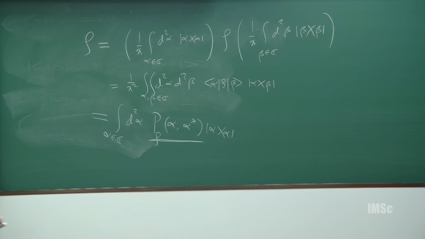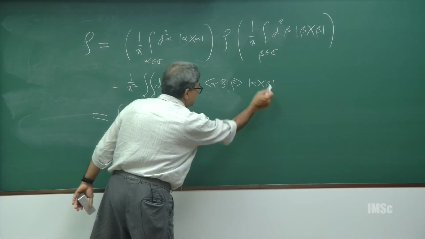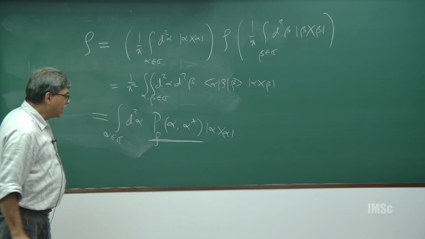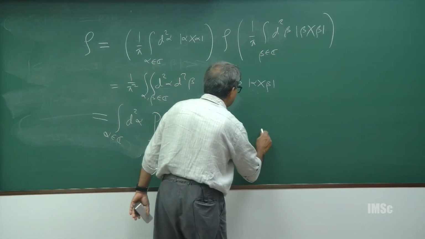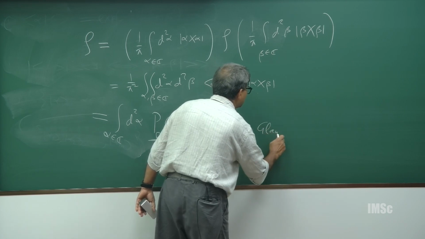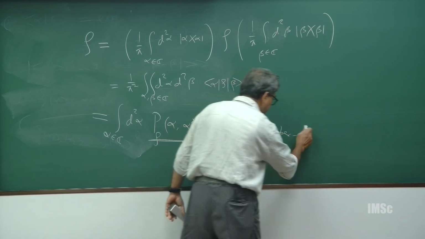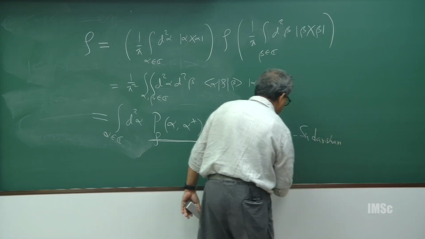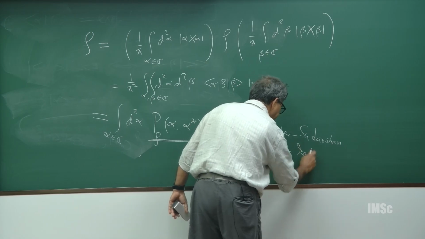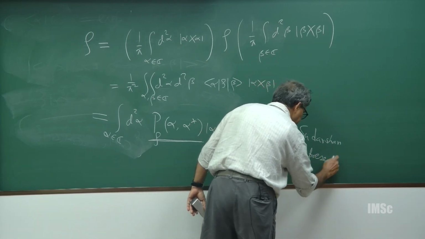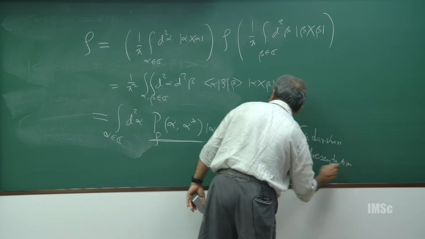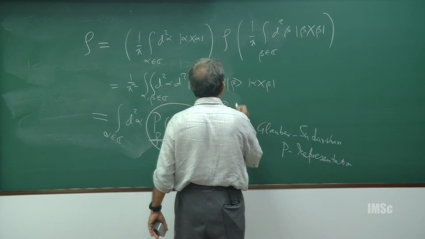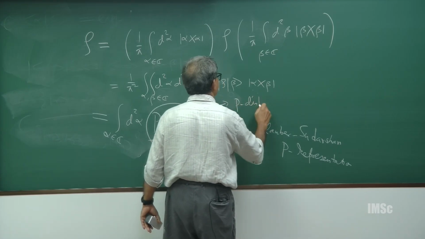You see that you do not need these two indices alpha and beta, just one is enough. This is what is known as the diagonal representation or Glauber Sudarshan P representation. This function is called the P distribution function.